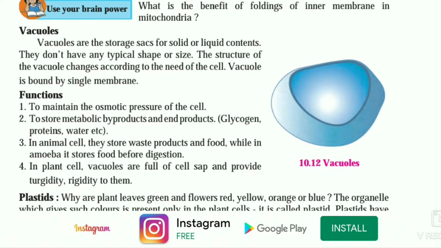Vacuoles are the storage sacs for solids or liquids contents. They don't have any specific shape or structure. The vacuoles are bound by a single membrane.